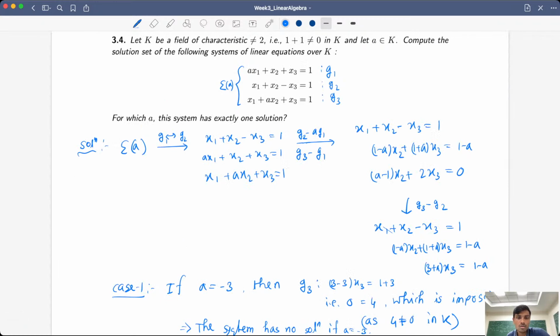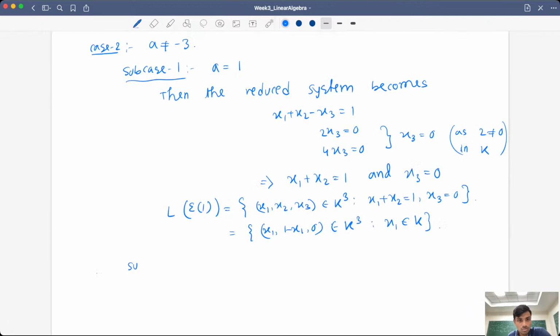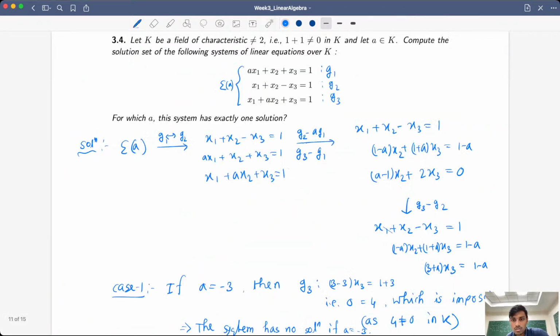a not equal to 1 and not equal to minus 3, so subcase 3 or 2 is a not equal to 1 or minus 3. Then I can reduce the system further, because a not equal to minus 3, so I can get x3 equal to 1 minus a by 3 plus a, right?